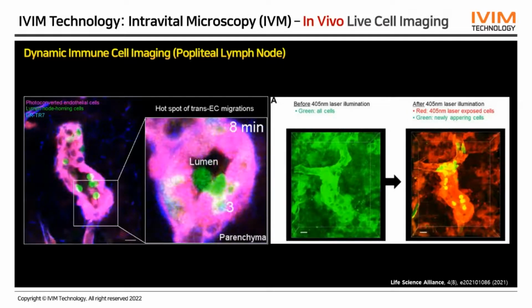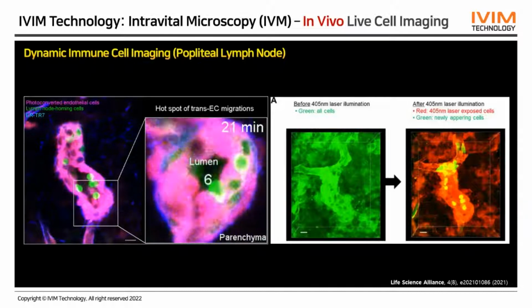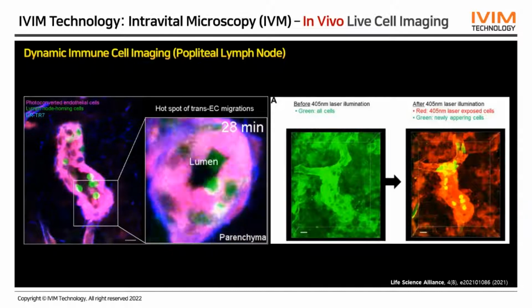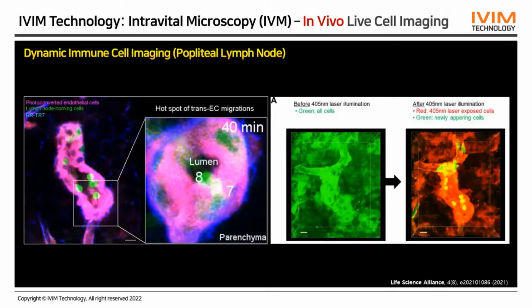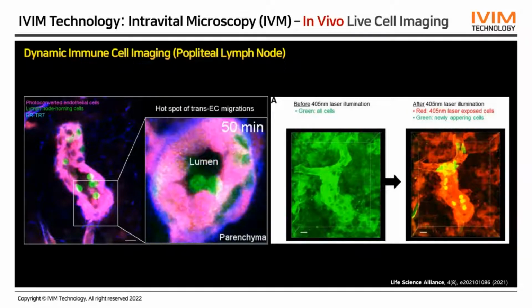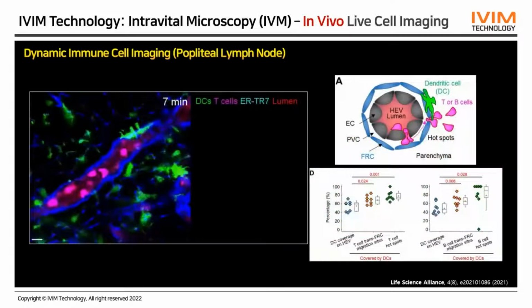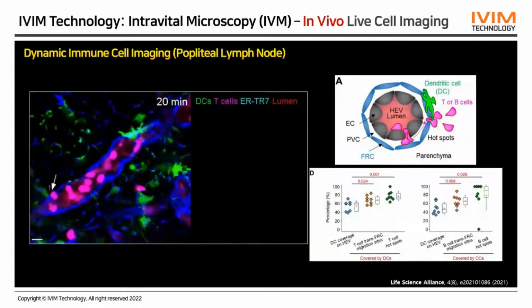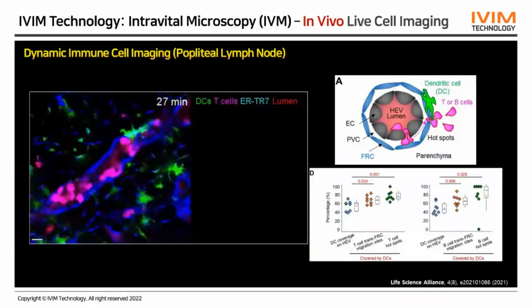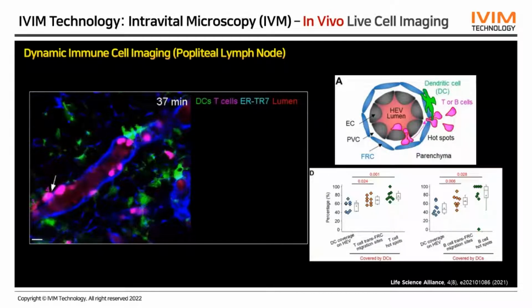Collectively, the adoptively transferred model and the Kaede mouse clearly show the existence of trans-EC and trans-FRC hotspots of T and B cell migration in HEVs. Furthermore, it is observed that many T cells transmigrated across FRCs at the same sites covered by perivascular cells.